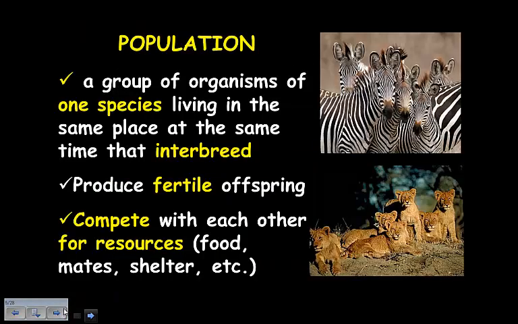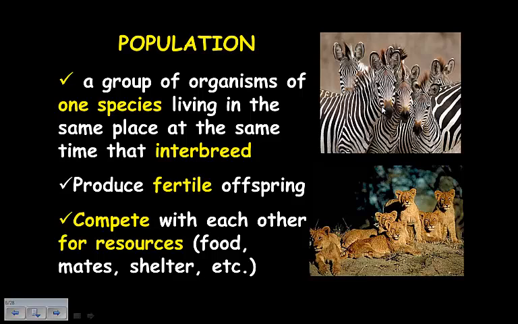Now we move up a level and we take a population. This is one species living in the same place at the same time. So instead of looking at one zebra, which would be one organism, we're looking at all of these zebras that live in a particular area at the same time.